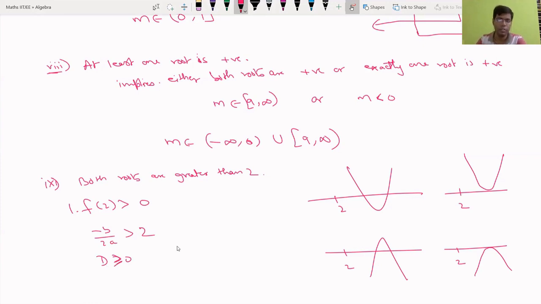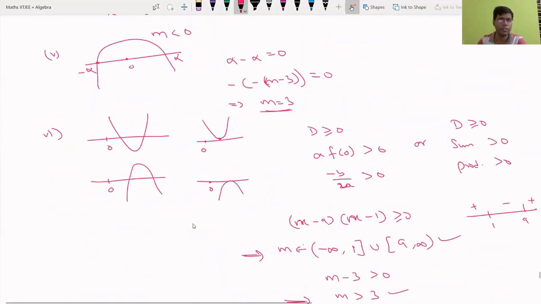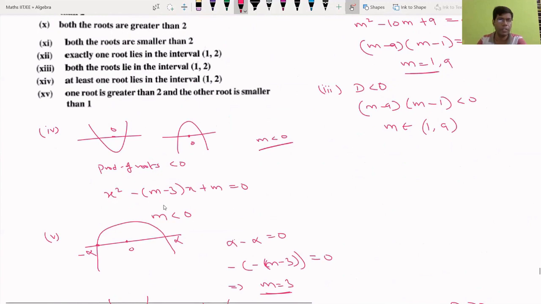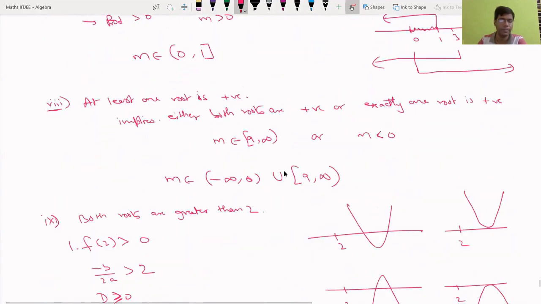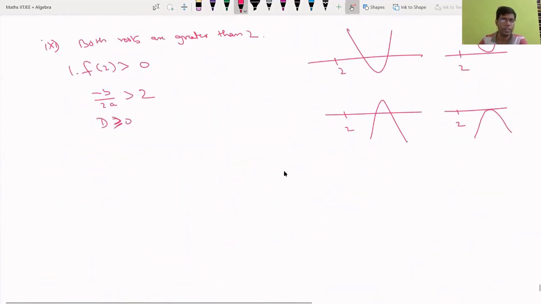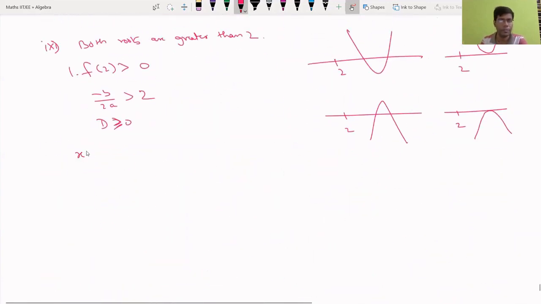Fine. So for f of 2, you just take the equation x square minus (m minus 3)x plus m is equal to 0.